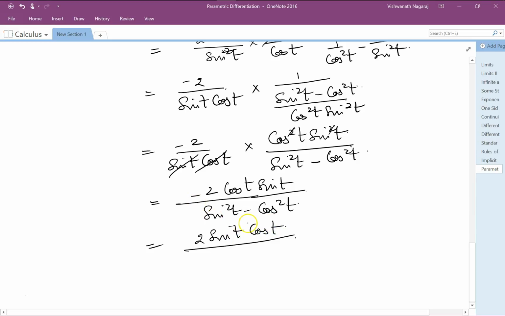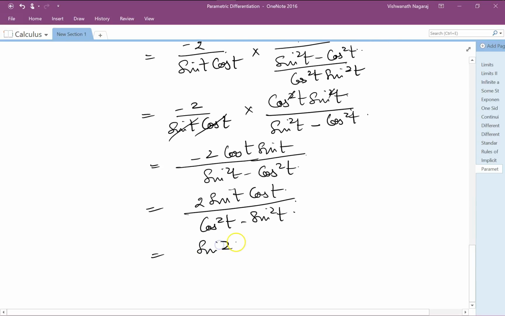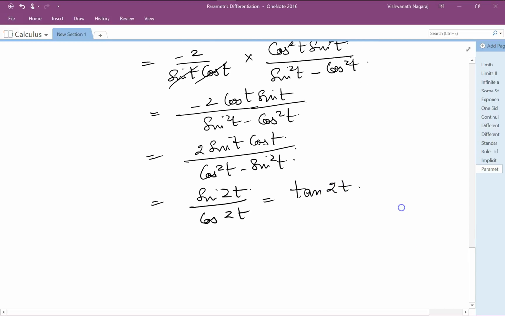Now we can remove this negative symbol by interchanging this. So cos square t minus sin square t, which is equal to sin 2t by cos 2t, which is nothing but tan 2t.